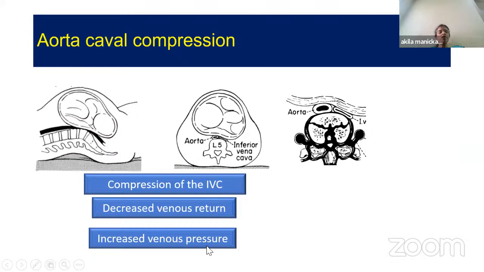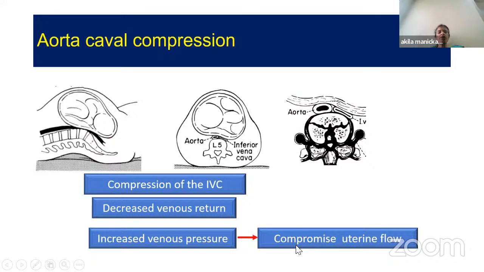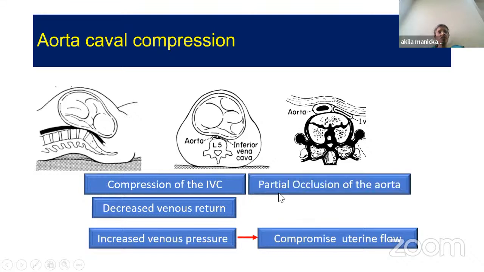So ultimately, there is an increased venous pressure in the setting of hypotension, which results in compromised uterine blood flow, and there can be fetal tachycardia or fetal bradycardia, which can set in during the supine position. These changes can get aggravated during neuraxial anesthesia or during vigorous transport of patients.